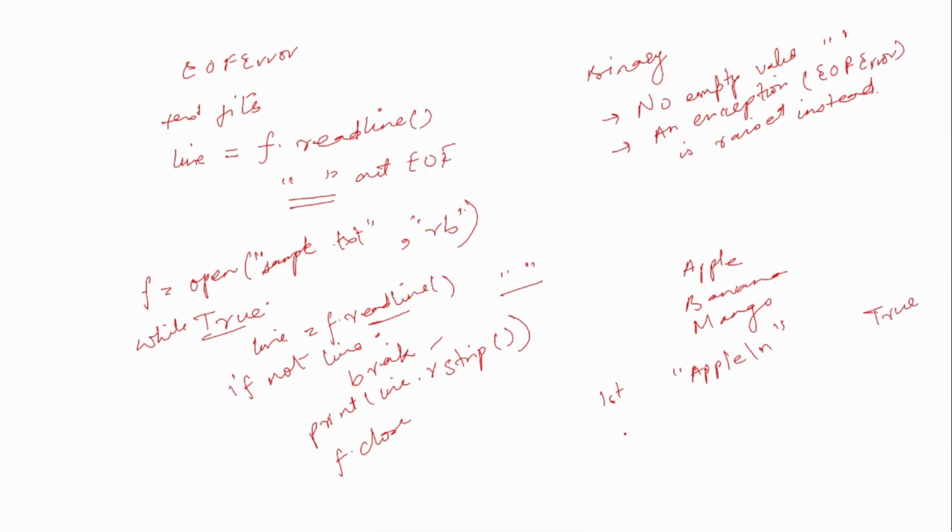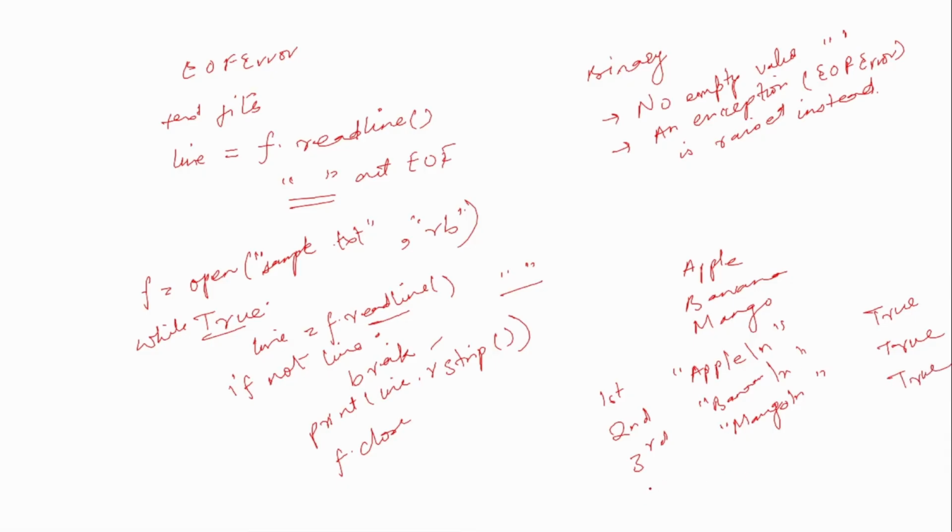It will again go inside the loop, while True, yes it is true, so it will read the second line, banana, and again at this time the Boolean value is true. Then we'll read the third line. In the third line we have mango, either mango or mango with a newline, and again this Boolean value is still true.